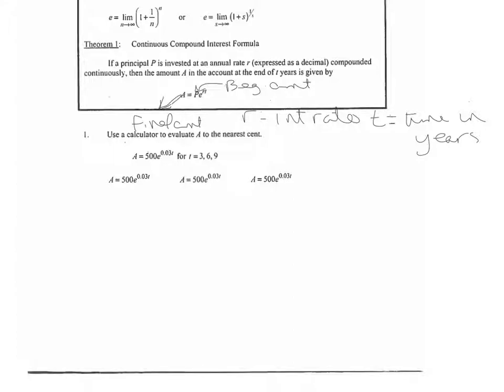All right, so on this one, if you were looking for this ending amount, if you put in $500 at 3% interest for 3 years, make sure if you put that in your calculator that you're getting the right answer. What are you going to come up with? $547 and what?